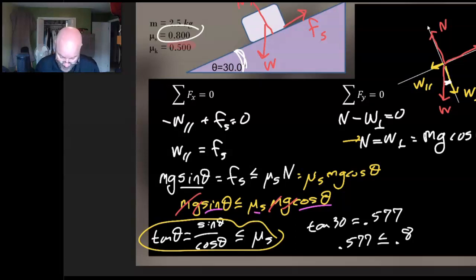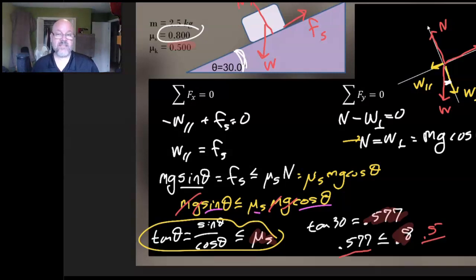Just like that. And so what that does for us is everywhere we've got the mu s here, we could substitute in the value 0.5. Now you see if it starts to slide, we still have this tangent 30 term, but the friction is only 0.5.